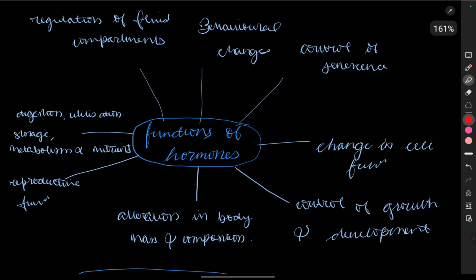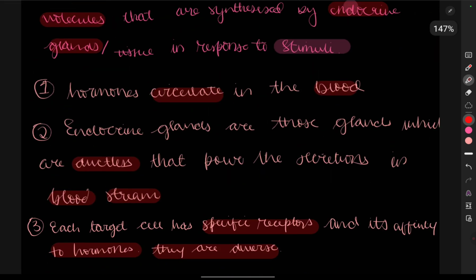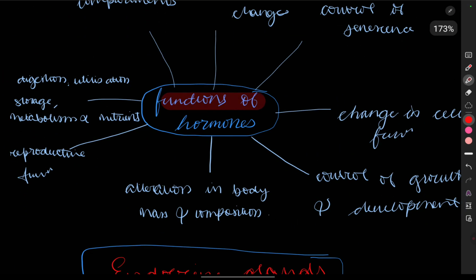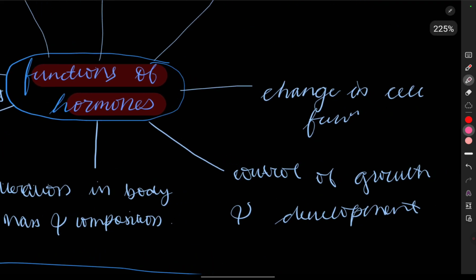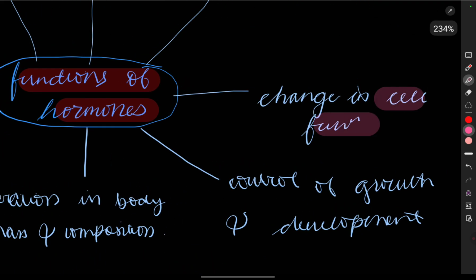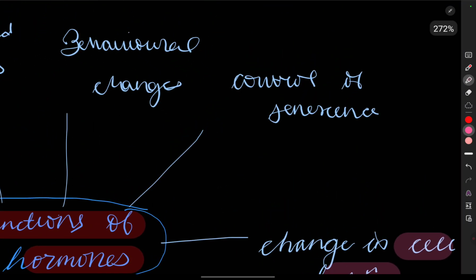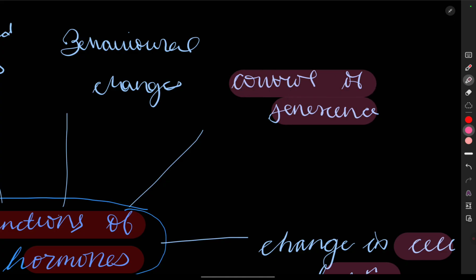Now, what are the functions of the hormone? These were the characteristics; now these are the functions. First, change in cell function: hormones change the function of the cell by binding to the receptor. Next, control of senescence.